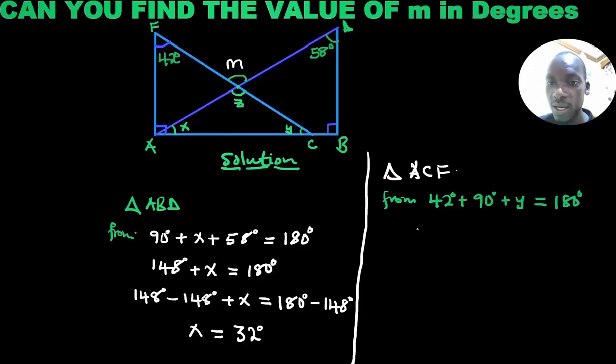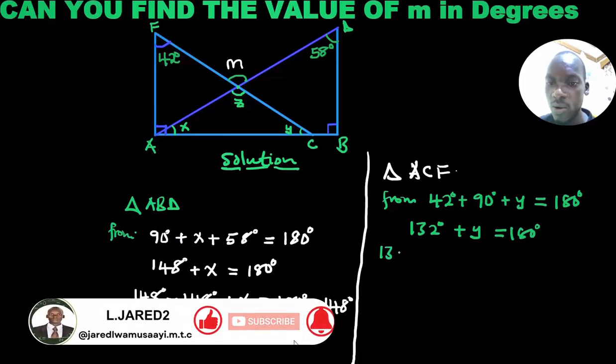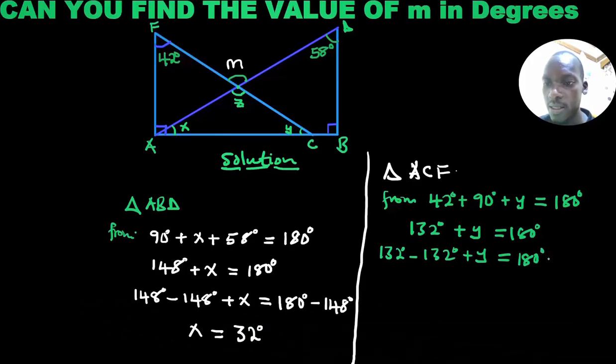When I sum up here, I get 132 degrees plus our angle Y equal to 180 degrees. I make Y the subject, so I subtract 132 on both sides: Y equals 180 degrees minus 132 degrees.